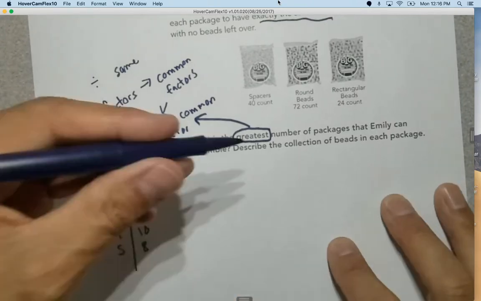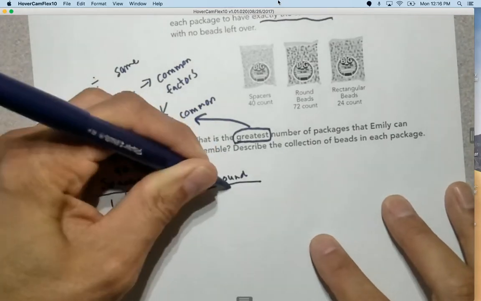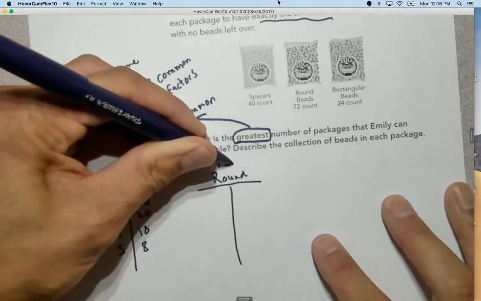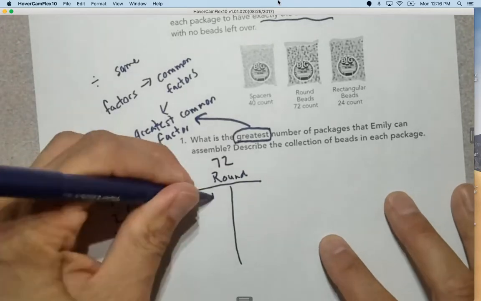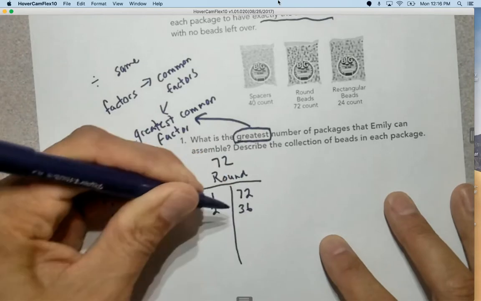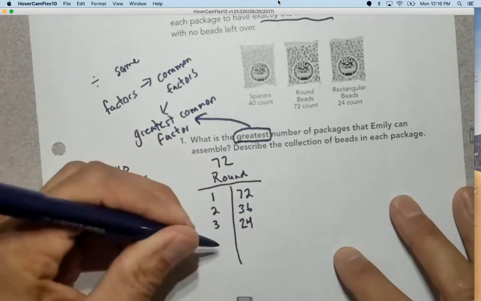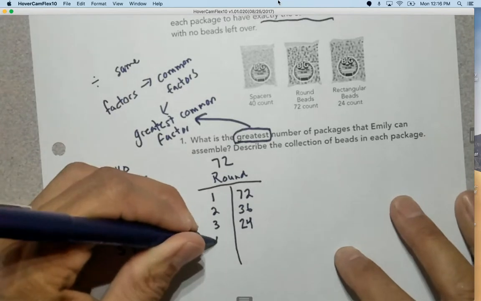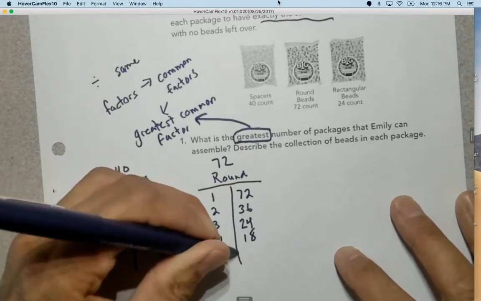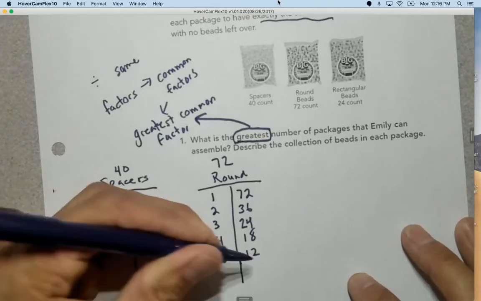The round beads, I know that there are 72 of those. And so I'm kind of listing out the factors here. 2 and 36, 3 and 24, 4 and 18, not a 5. There is a 6 there, 6 and 12, not a 7.